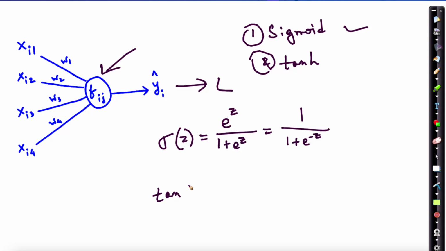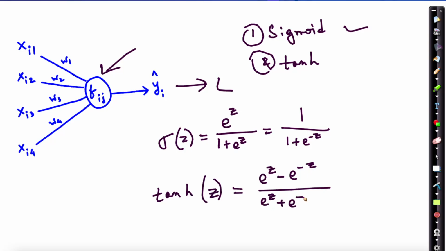So if we use tan h of z, it looks like this: e power z minus e power minus z by e power z plus e power minus z. So this is nothing but the tan h function.